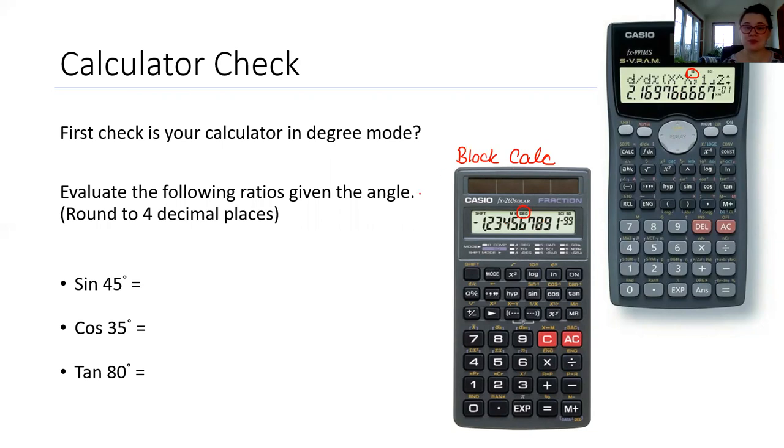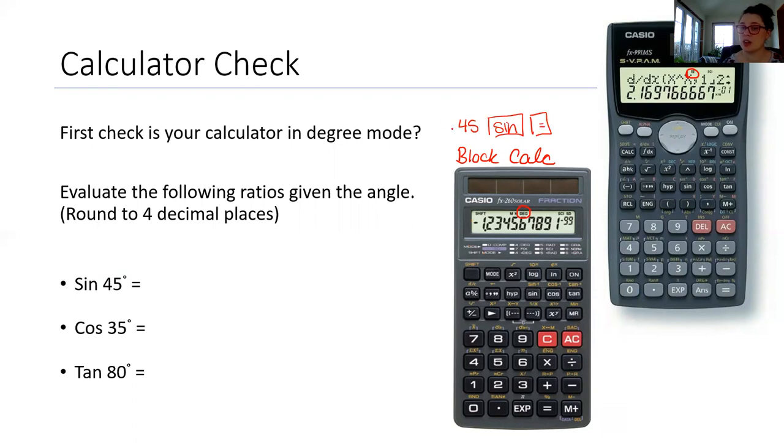All right, so now we need to be able to calculate. So we need to be able to find the ratio of sides that gives us a sine of 45 degrees. So we want to find the decimal that would be equal to sine of 45 degrees. In order to do that in your calculator, there's two ways. This block calculator, I'm going to deal with that one first. This is what I often call a backwards calculator. In this calculator, you are going to go 45, and then you're going to press sine, and then you'll do equals.